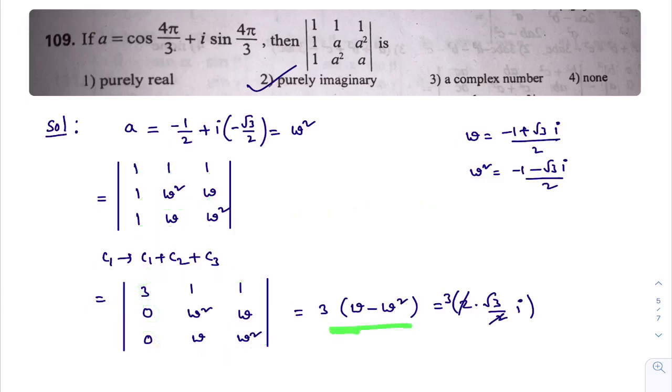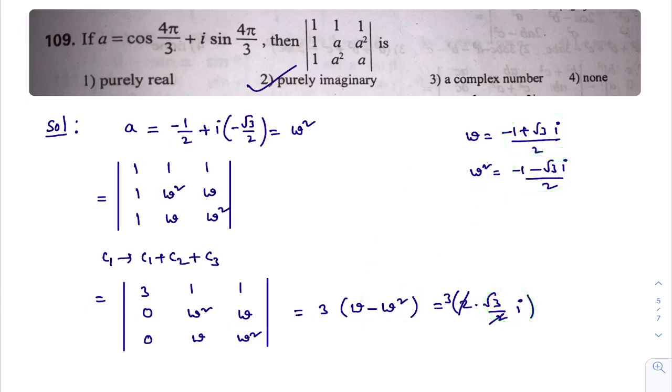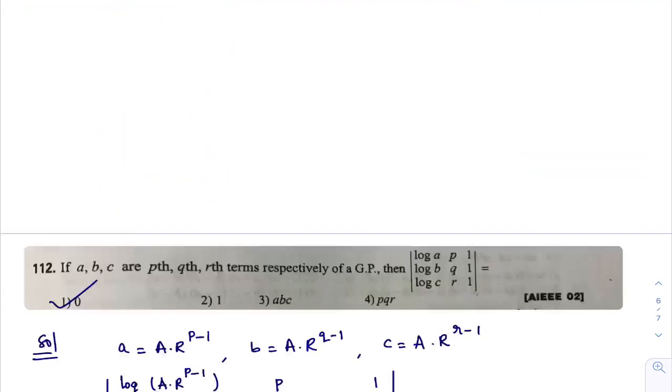Then you will get 3 into omega minus omega square. We know omega and omega square, so you just subtract these two, and you will get root 3 i. After simplifying this determinant, I got 3 into root 3 i. Is this an imaginary part or a real part? 3 into root 3 i is purely imaginary. So the second option is the right option.